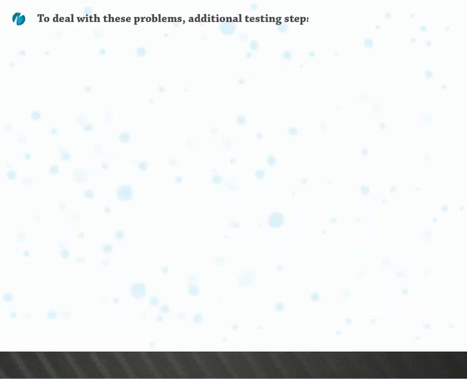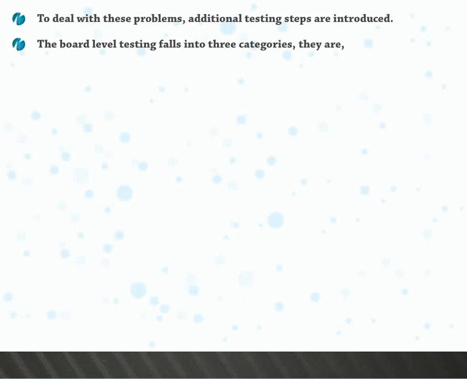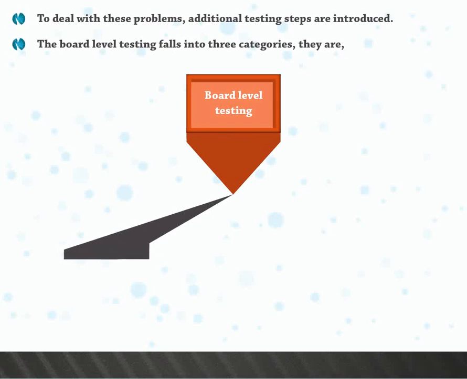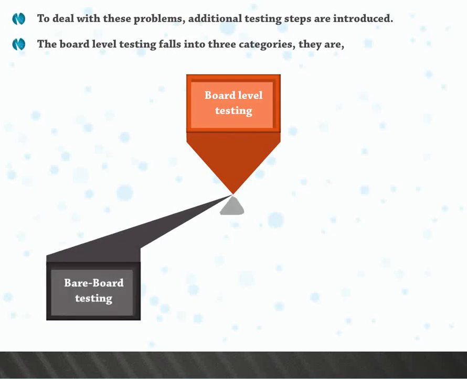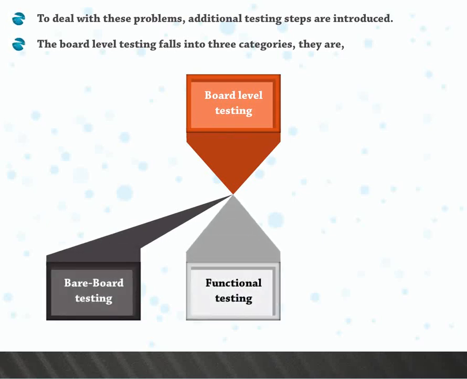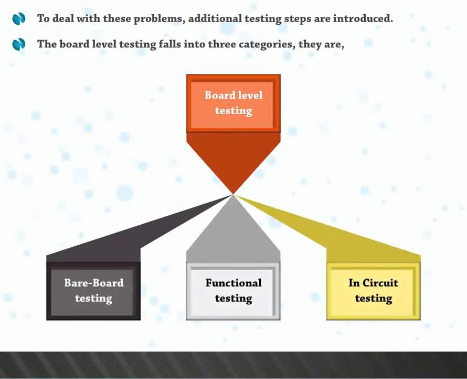To deal with these problems, additional testing steps are introduced. The board level testing falls into three categories. They are bare board testing, functional testing, in-circuit testing.